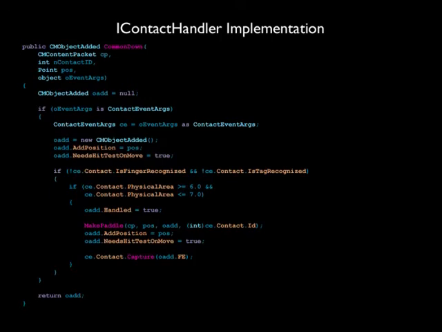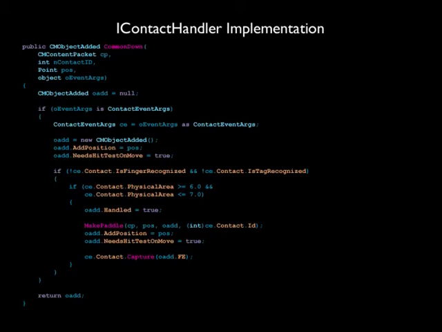The commonDown method first checks to make sure that the oEventArgs is a ContactEventArgs object. If it is, then it creates a new CMObjectAdded object, sets its add position to the point of contact, and sets needsHitTestOnMove to true to make sure that when this contact is moved, the physics object needs to be hit tested for collisions.